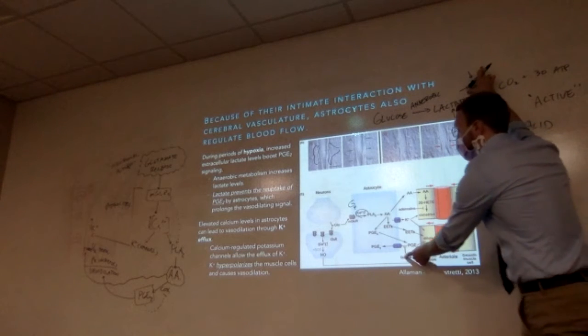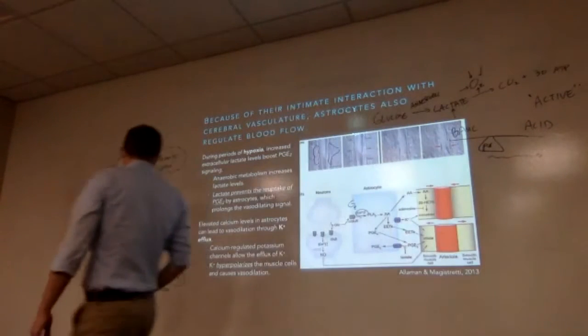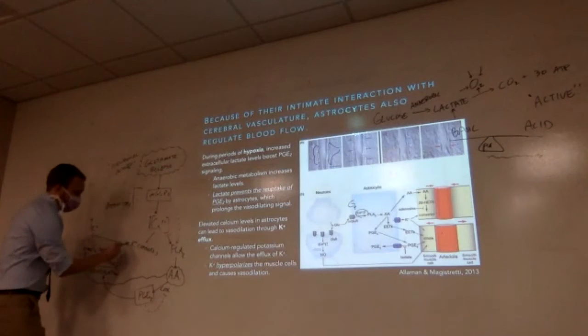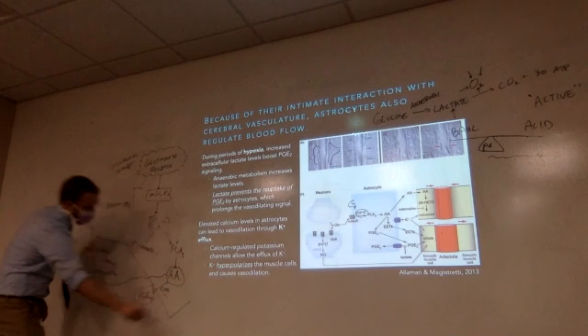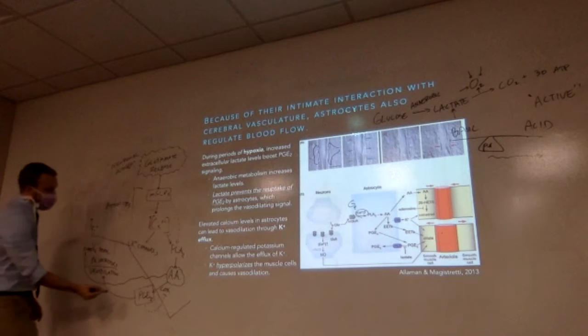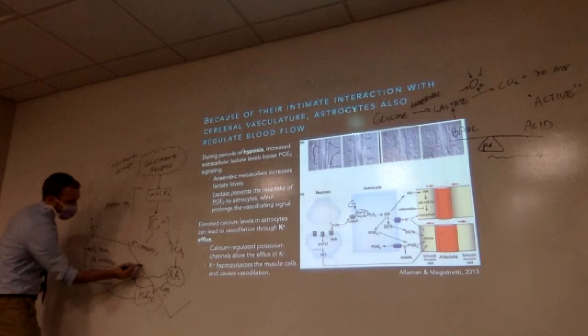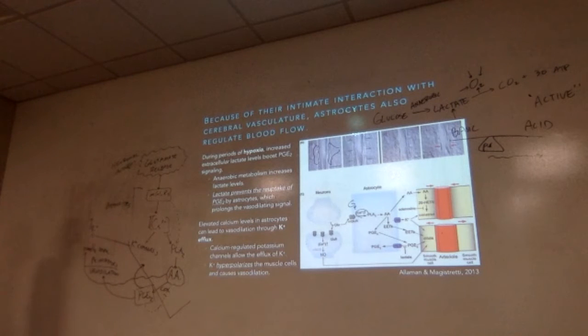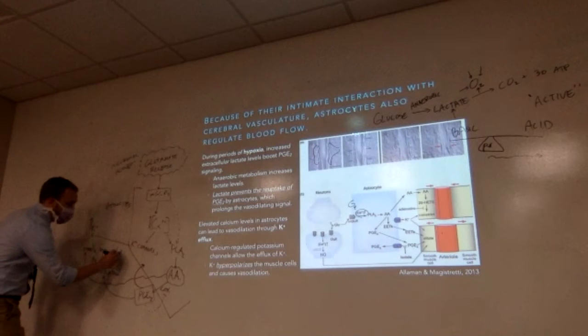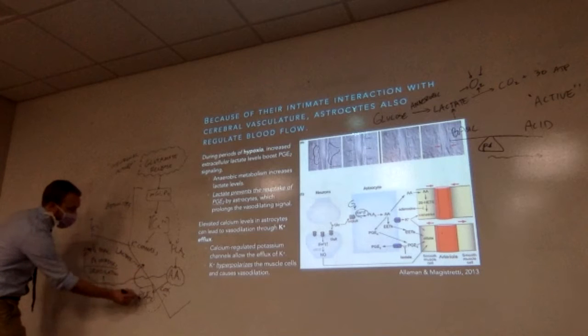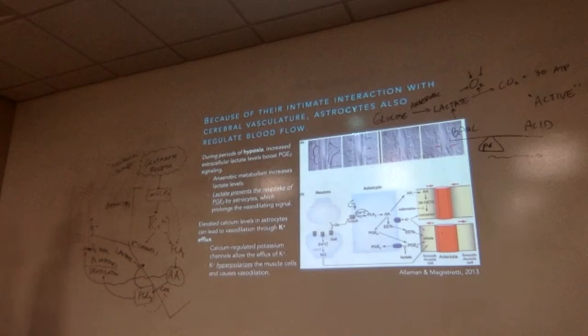So we have regulation of prostaglandin reuptake. Let's draw the border of our astrocyte there. So these prostaglandins can get taken back up into the cells. And this reuptake is going to be inhibited by lactate. So if we don't have enough oxygen around, we don't pick up quite as much prostaglandin.